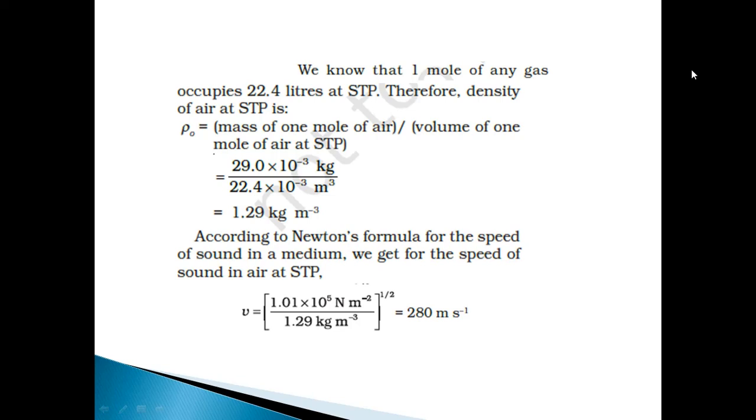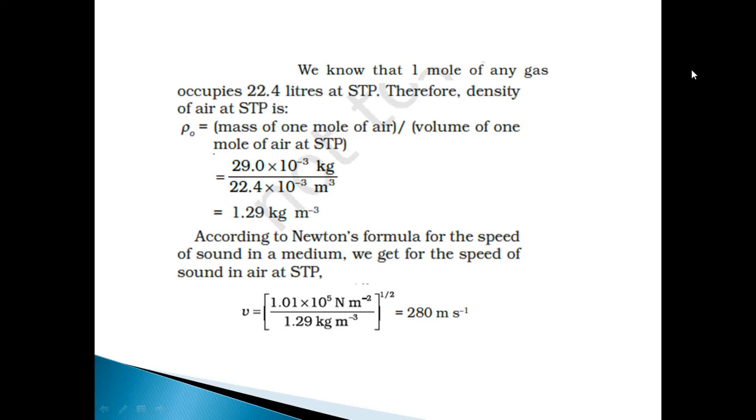But there was a slight inaccuracy in what Newton tried to prove. We know that 1 mole of any gas occupies 22.4 liters at standard temperature and pressure. The density of air at STP is 1.29 kilogram per meter cubed, and the value of standard pressure is 1.01 into 10 to the power 5 Newton per meter squared.